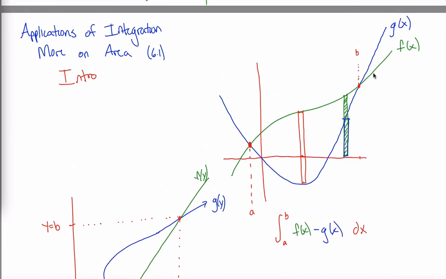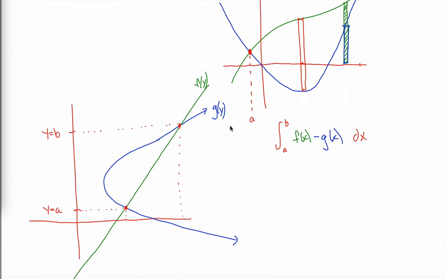But the basic idea is when you think about something as a function of x, like this thing g is a function of x, what the function does, what the machine does, is it gives you the y value for any given x value. So you put the x value in and the y value comes out. If you have a function of y, it's just the other way around. It gives you the x value for any given y value.